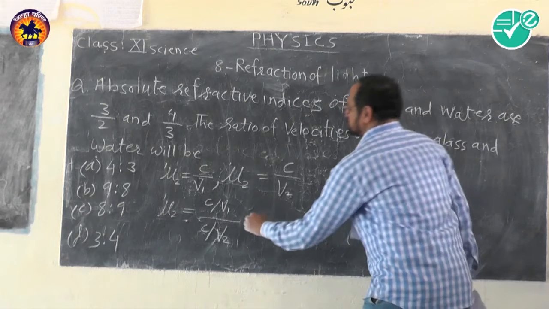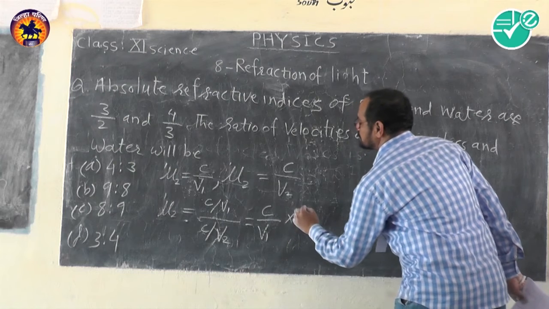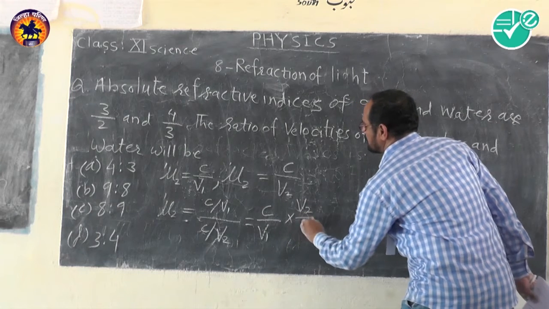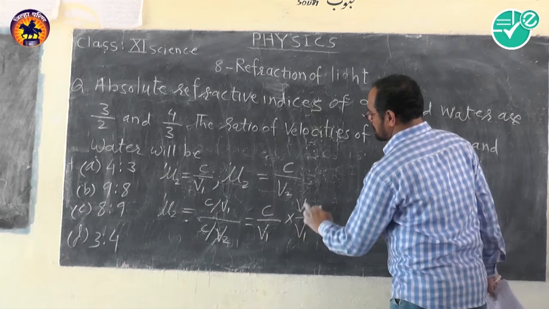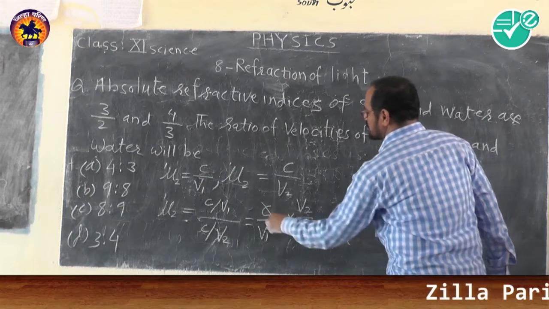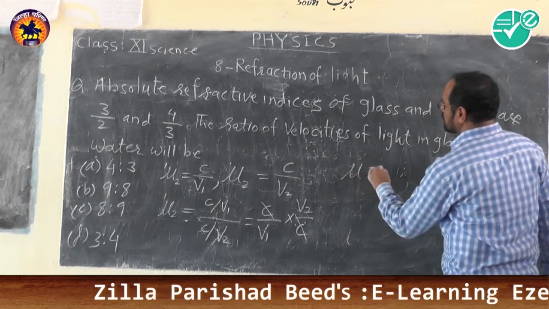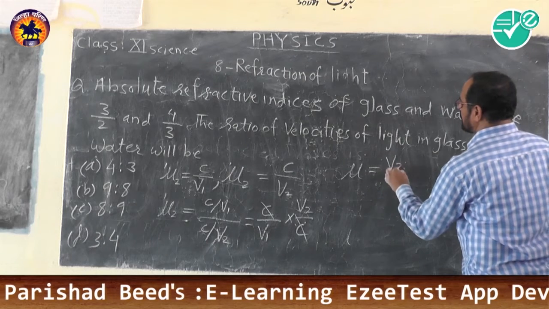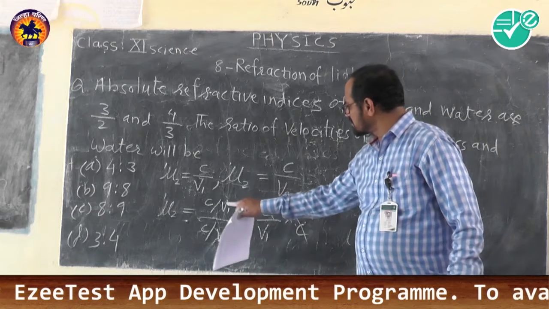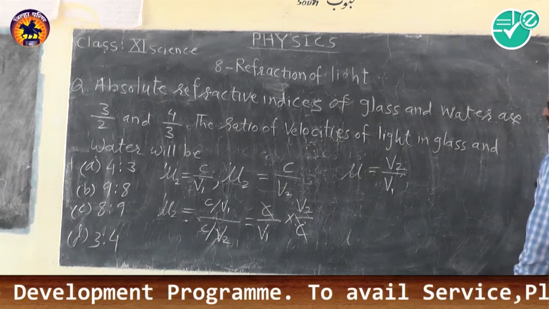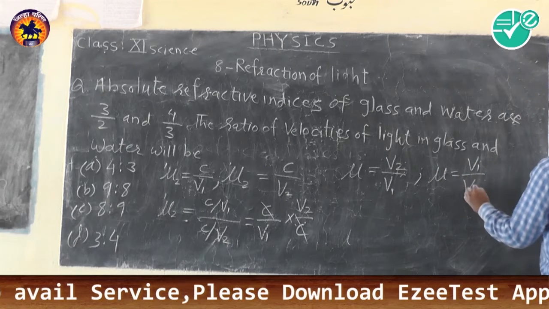So here we can also write c upon v1 into v2 upon c. So c and c get cancelled, and the equation will be mu is equal to v2 upon v1, or you can also write mu is equal to v1 upon v2.